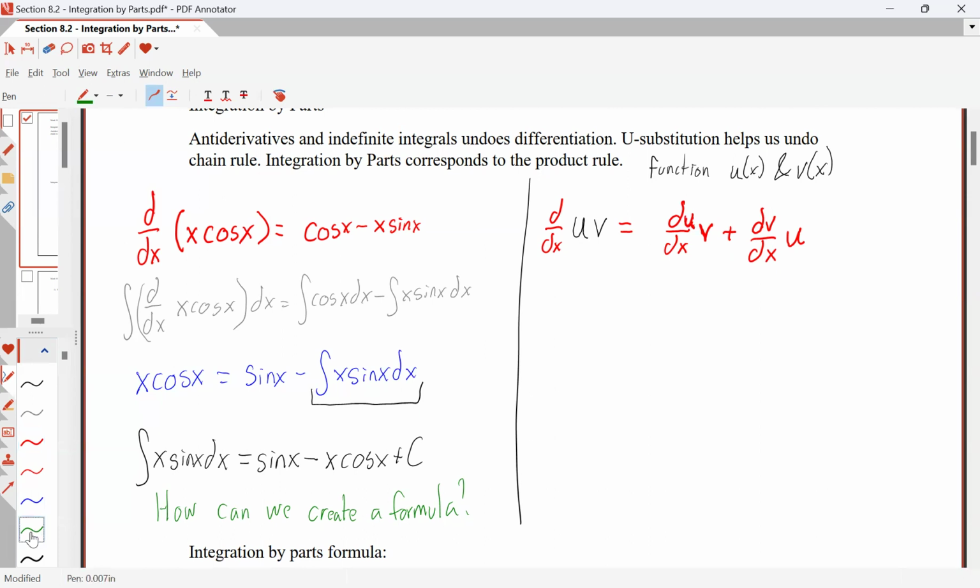Now, following the steps we had, let's integrate all of that. The integral of d dx of u times v dx is equal to the integral of du dx times v dx plus the integral of dv dx times u dx.